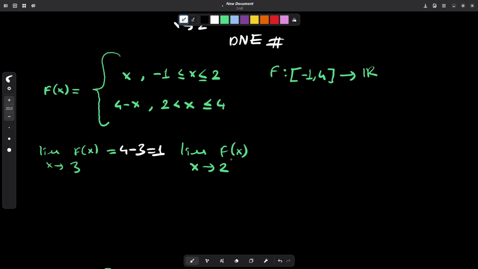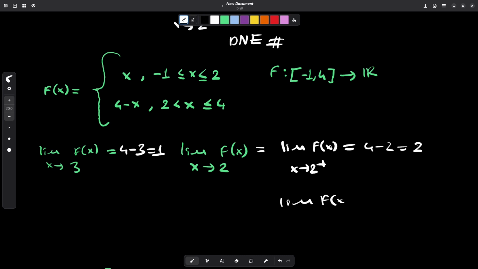Limit of f(x) as x approaches 2. Now, where's 2? 2 is a point where our rule changes because if I'm lesser than 2, I use another rule. If I'm greater than 2, I use another rule. We have to check the limit from the left and the right side. x approaches 2 from the right side. I'm greater than 2. 4 minus 2 is equal to 2.